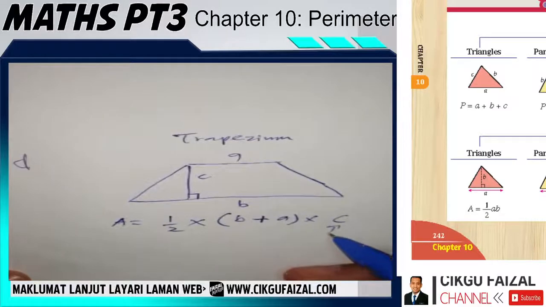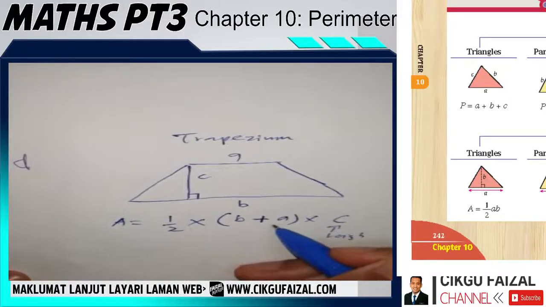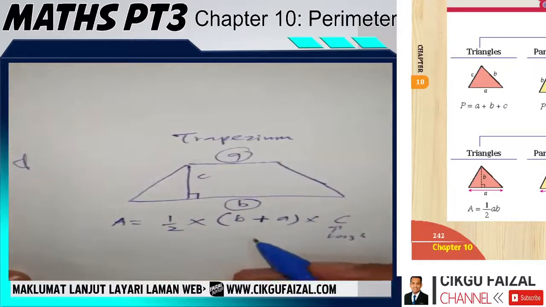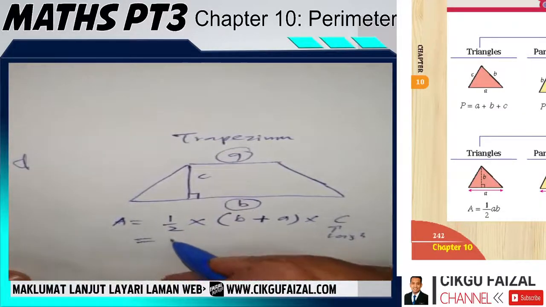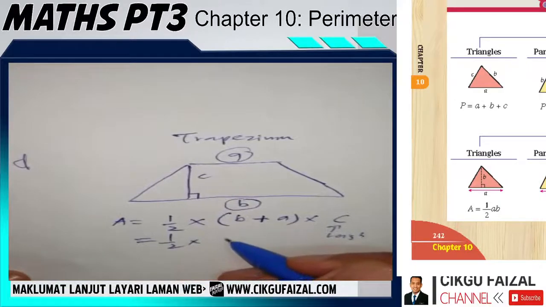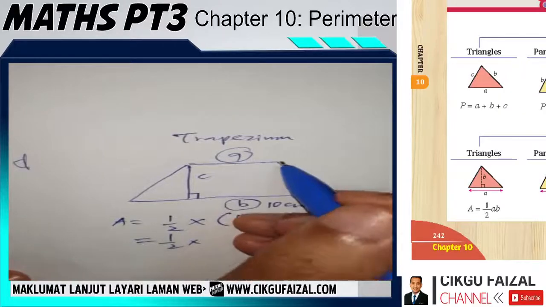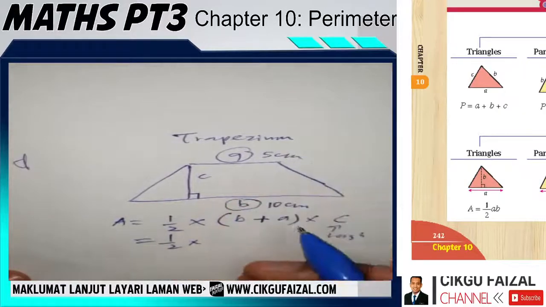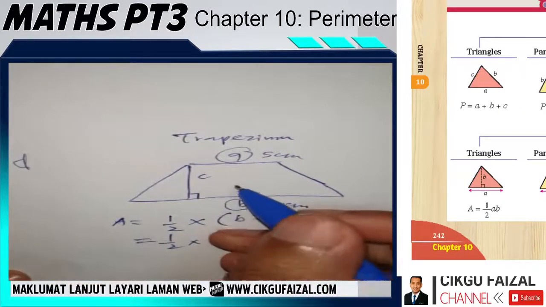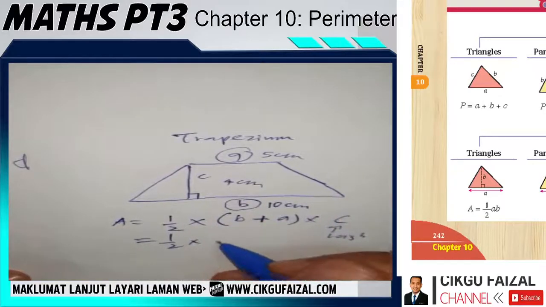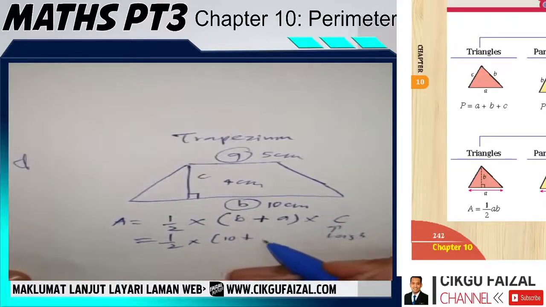C is the height, B and A are the lower base and upper base. Lower base and upper base, you add it. So in this case, 1 over 2 times you add. Let's say we have B equal to 10 cm, A equal to 5 cm, C, the height, will be around 4 cm. So 10 plus 5 times the height, which is 4.